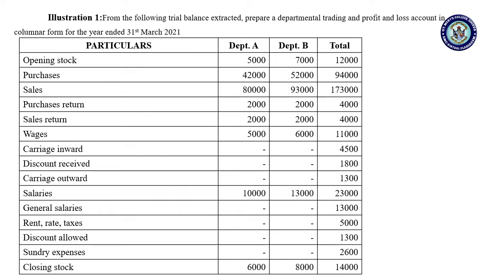Wages 5,000, 6,000, 11,000. Carriage inward, in the total column, 4,500.